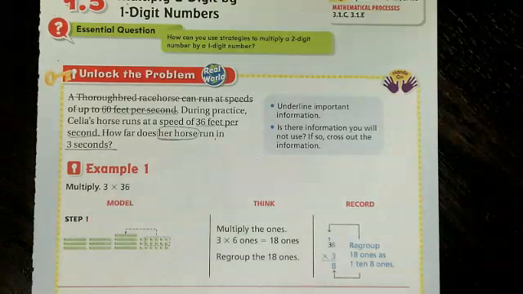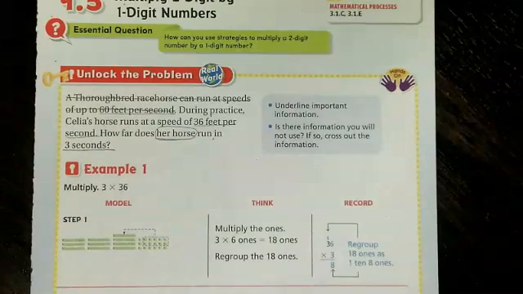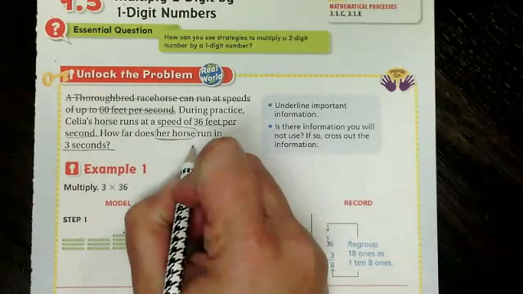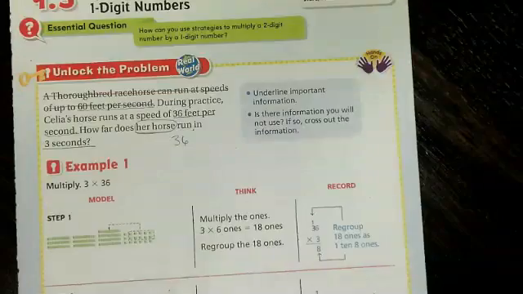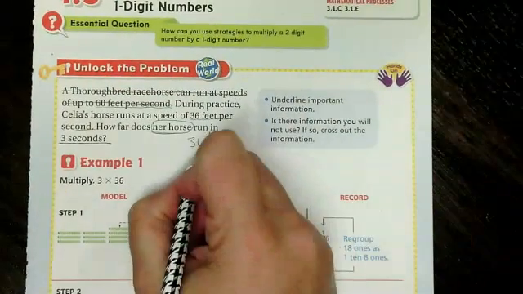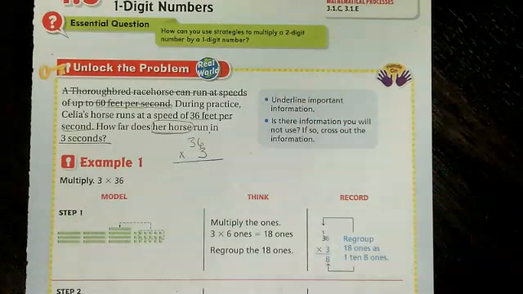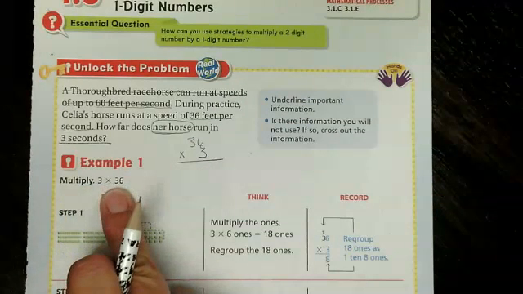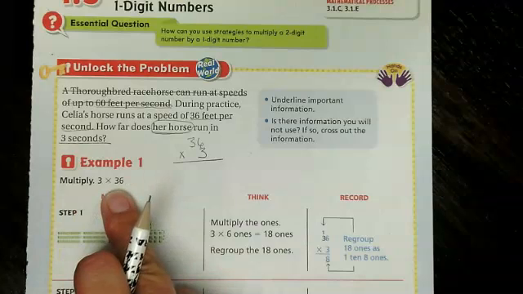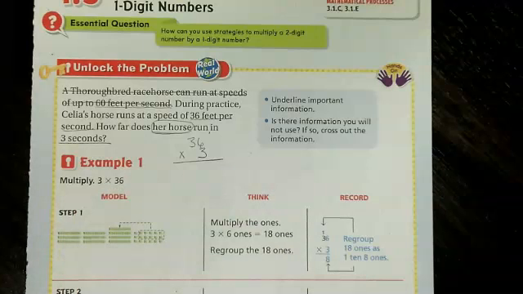Okay? So, how do we set that up? Well, we know that Celia's horse runs 36 feet per second, and they want to know how far in 3 seconds. So it can look like this, 36 times 3, or you can lay it out horizontally, 3 times 36, 3 seconds, 36 feet per second.